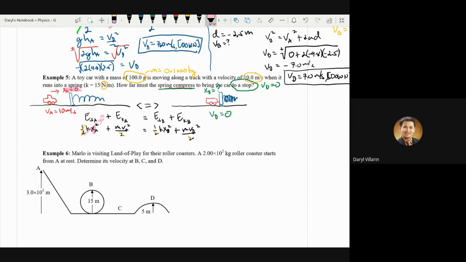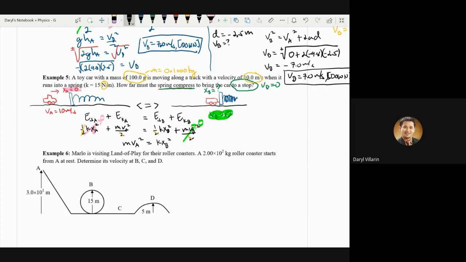The next term would be v_b. Well, it stops, so the velocity when it made the compression is equal to 0, and that term is 0 here. That simplifies our equation to m v_a squared is equal to k x_b squared.